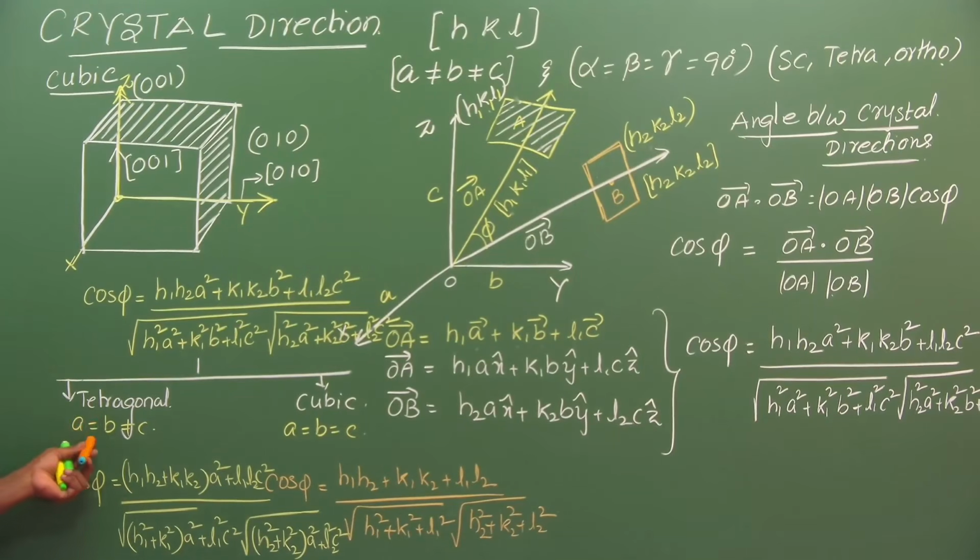Under tetragonal, take A equal to B, cubic A equal to B equal to C. So simple cubic, at least remember H1 H2 plus K1 K2 plus L1 L2 by under root H1 square plus K1 square plus L1 square and under root H2 square plus K2 square plus L2 square.